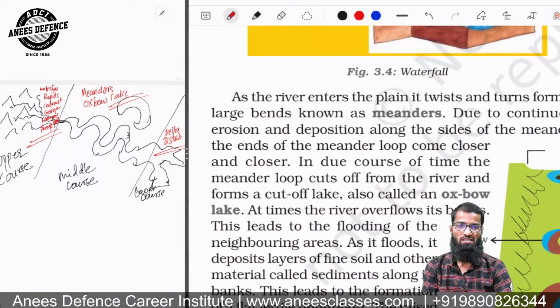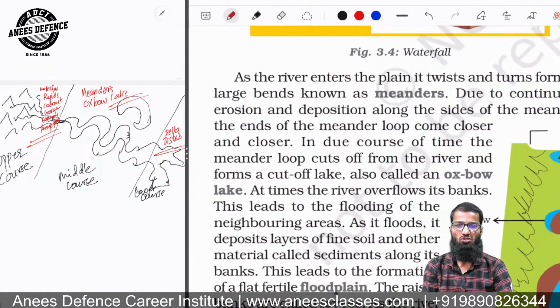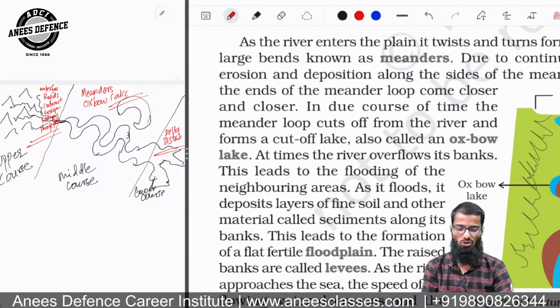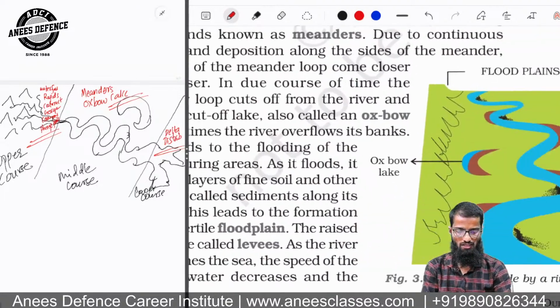Now the meandering, which happens at the second or middle course of a river. Due to continuous erosion and deposition along the sides of the meander, the ends of the meander loop come closer. You can see the formation of an oxbow lake on your screen.